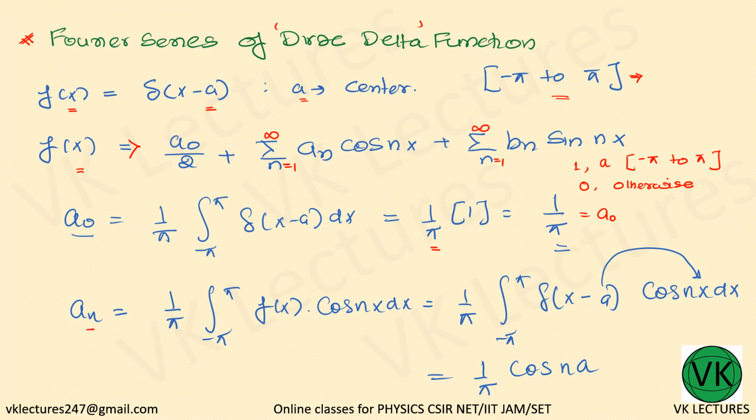Similarly, an equals 1 by pi integral from minus pi to pi f of x into cos nx dx. Substituting the value for f of x, that is the Dirac delta function delta of x minus a, and cos nx, the center will go and occupy the position x, so an is 1 by pi cos na.